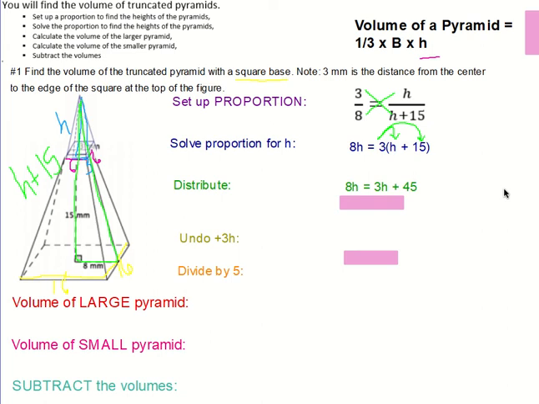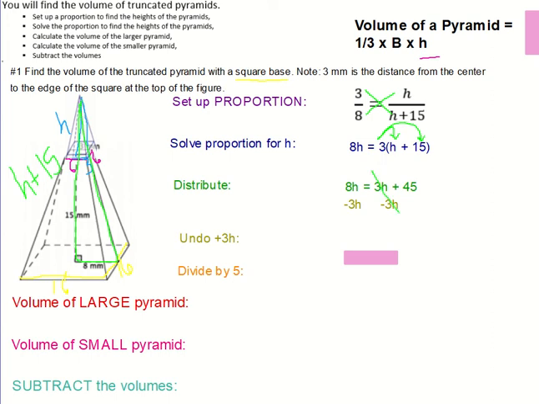To solve this equation, I need to move all the h's onto one side of the equation. So I'm going to move the 3h over to the left. So the opposite of a positive 3h is subtracting 3h. So here, 8h minus 3h is 5h. 3h minus 3h is 0.